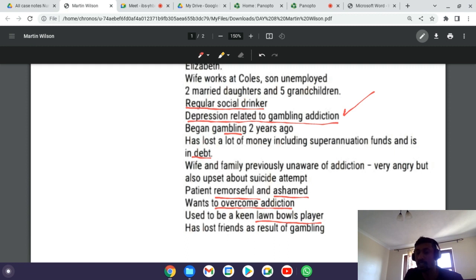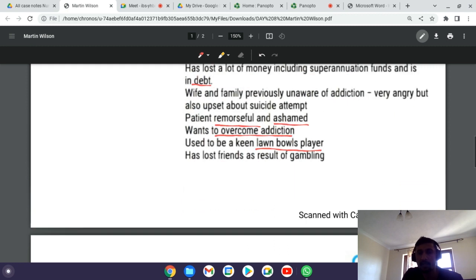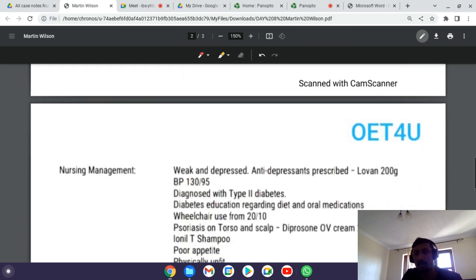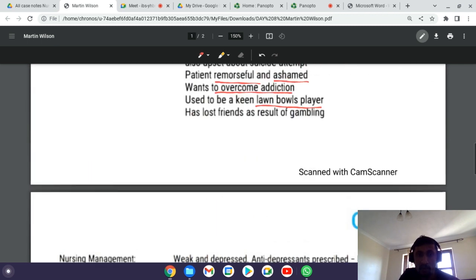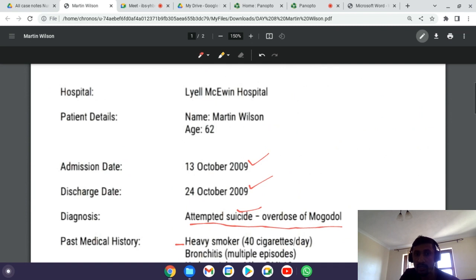Has lost friends as a result of gambling? Yes, of course. Yes. Okay. Yeah. What you had done with this patient, nursing management. All right. Because the patient was with you how many days? Just think about that. 13 October 2009 to 24 October 2009.